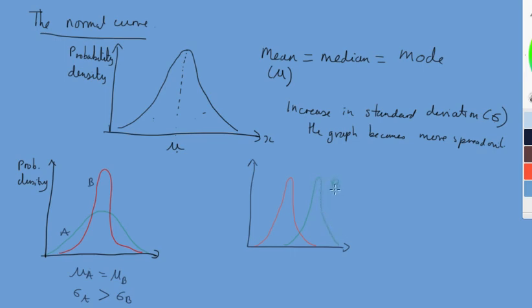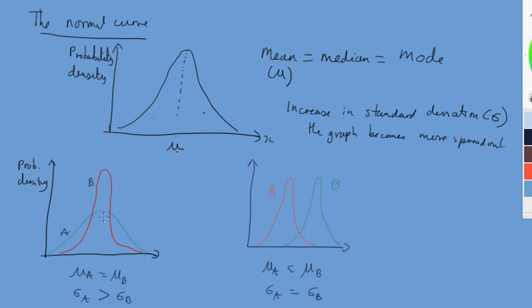So this is B and this is A. This time the mean of A is less than the mean of B, but the standard deviation of A is equal to the standard deviation of B.